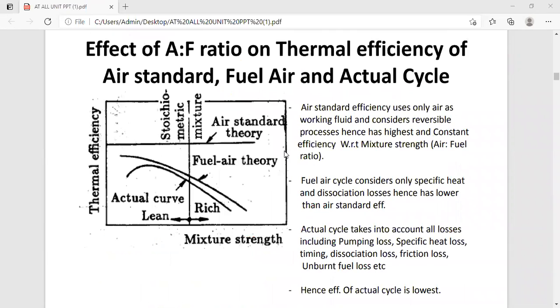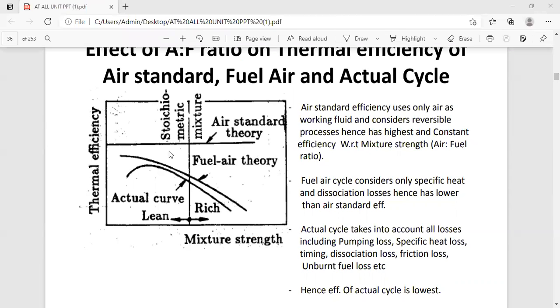In today's lecture, we have seen the effect of air-fuel ratio on the thermal efficiency, air standard efficiency, fuel air cycle and actual cycle. In the air standard cycle, we consider all processes reversible, so it has the maximum efficiency. We plotted the thermal efficiency and mixture strength graph.